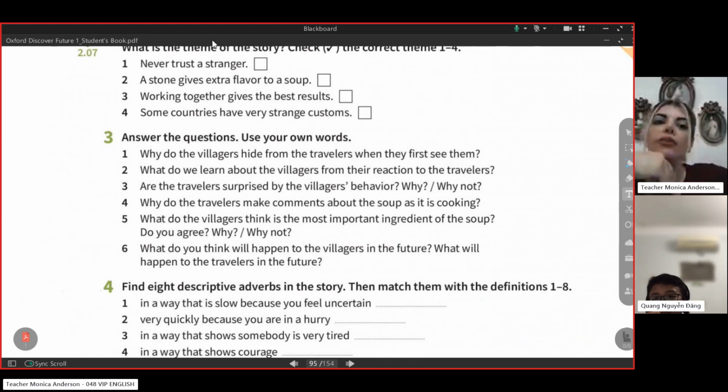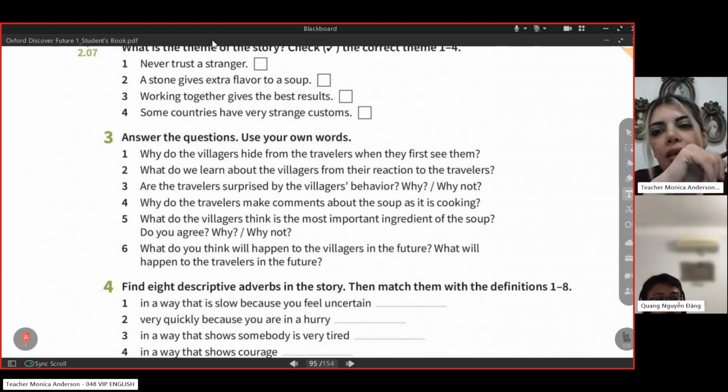Number four, why do the travelers make comments about the soup as it is cooking? I think the villagers are just them, just my opinion.